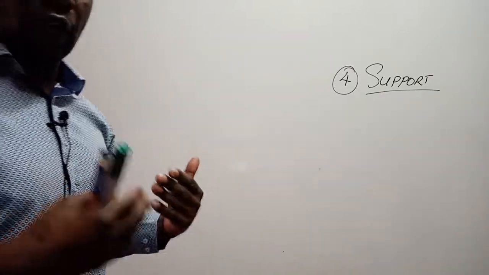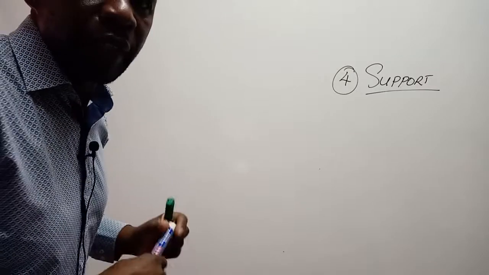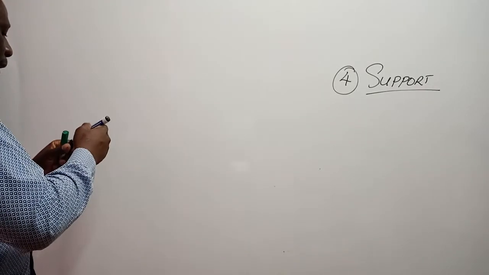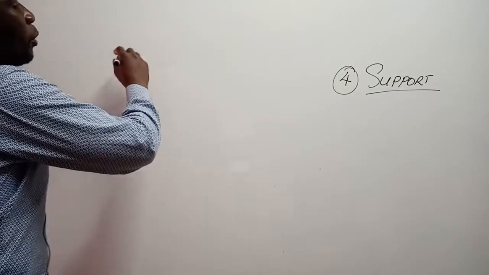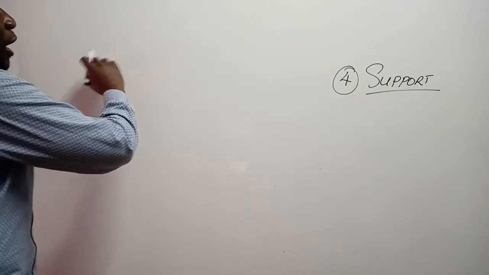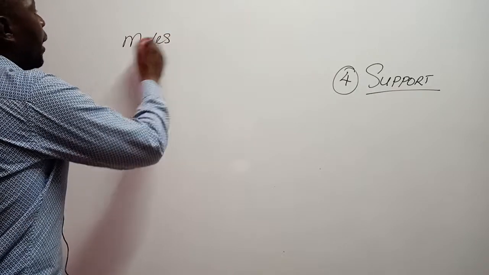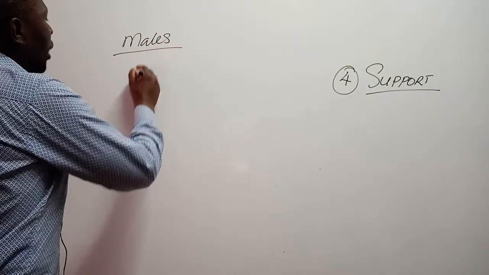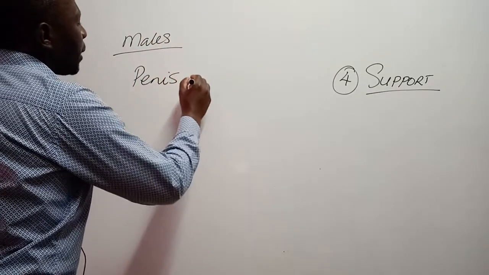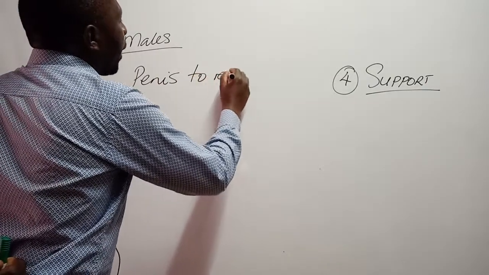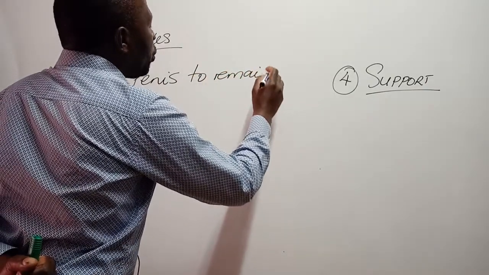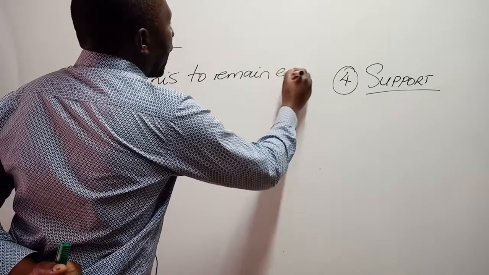Water plays a role in keeping the plant upright. Now, in human beings, the support system is mostly found. The good example is in males, right? For the penis to remain erect, there has to be continuous supply of blood.